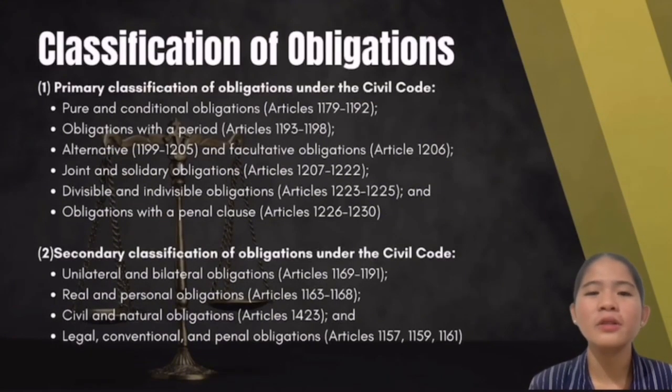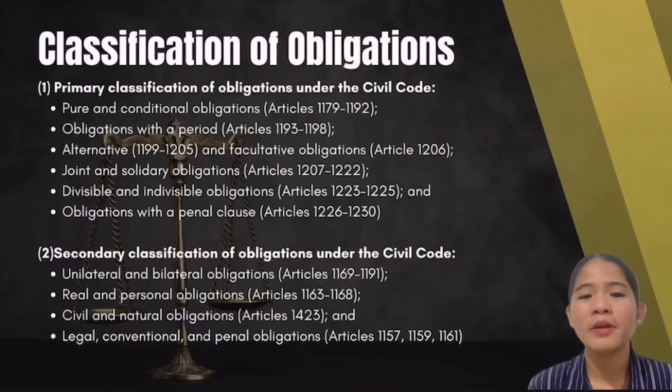So, the Civil Code classifies obligations into primary classifications, such as pure and conditional obligations, obligations with a period, alternative and facultative obligations, joint and solidary obligations, divisible and indivisible obligations, and obligations with a penal clause.